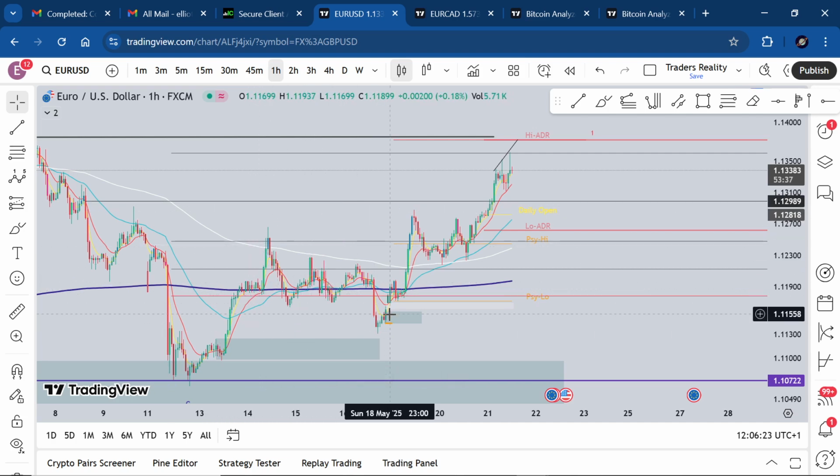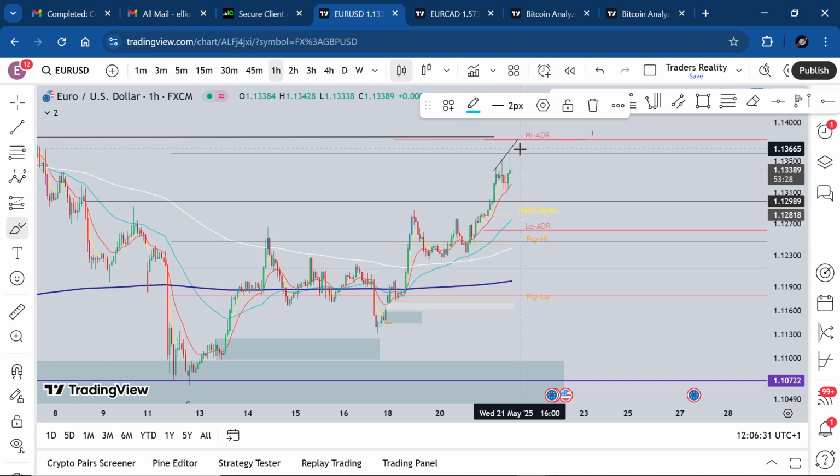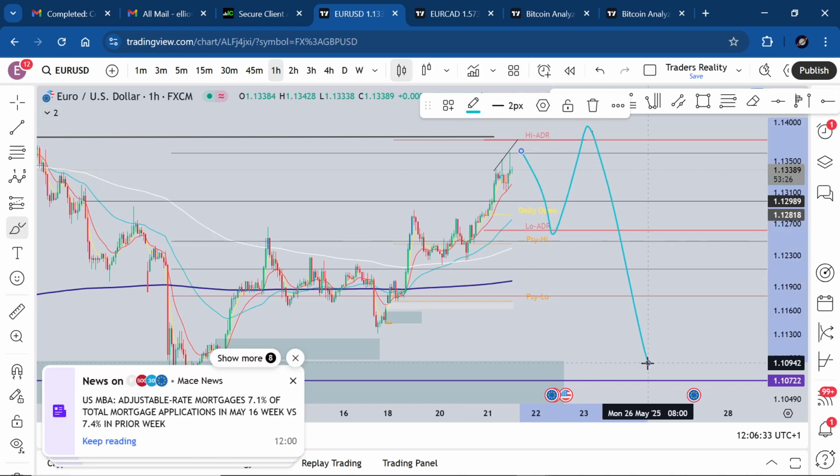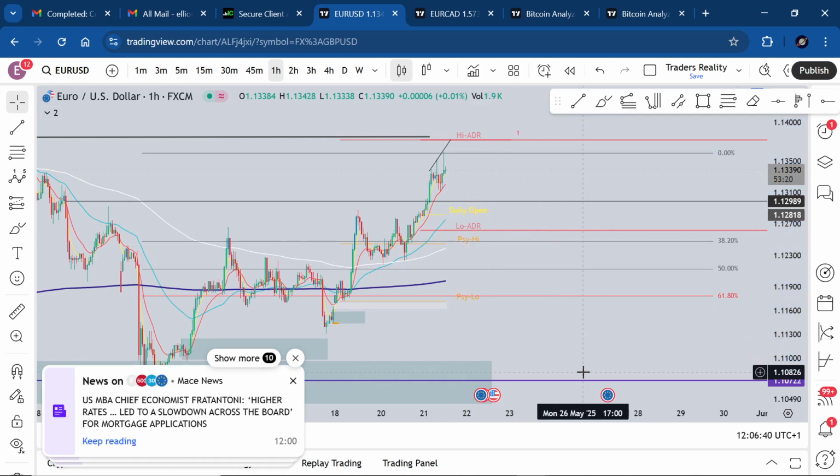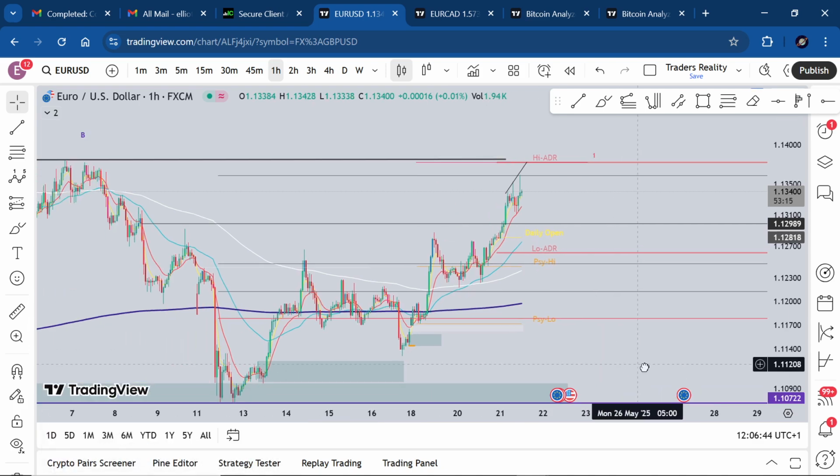Then we know that is surely a flat. But what price likes to do is, often I see after this move completes, we then do get a running flat. So potentially we'll get a running flat because I see it often. Maybe we don't, maybe we do, but just have that in mind.